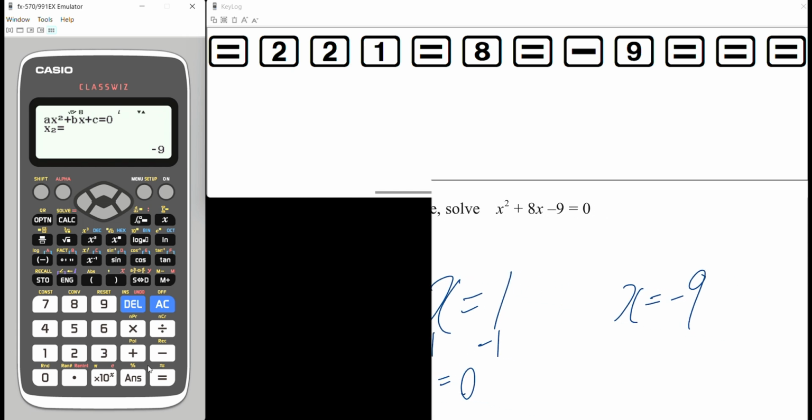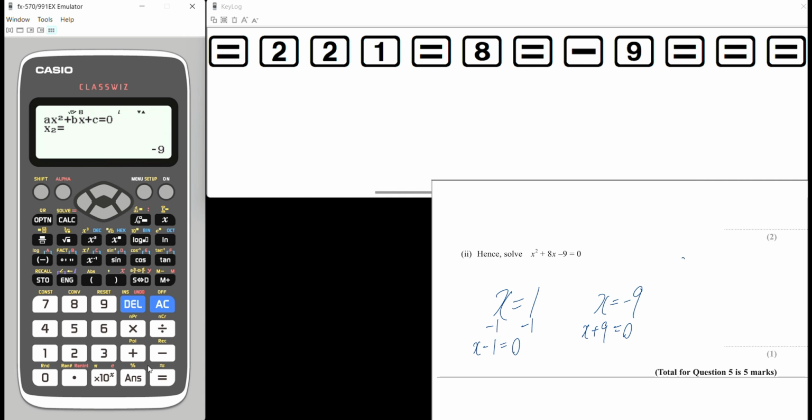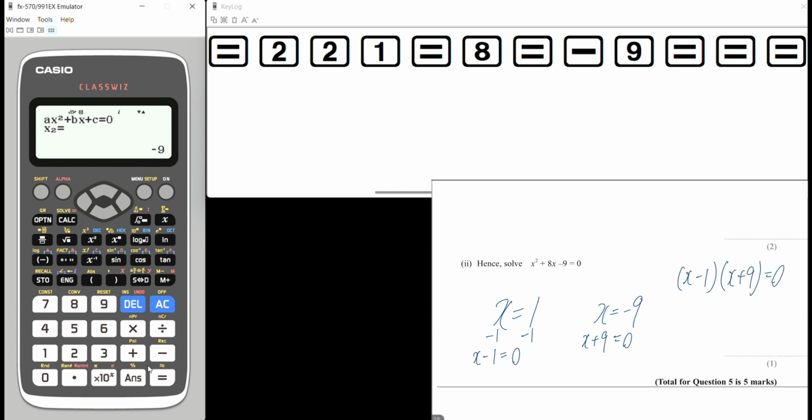On the other equation, you have to plus 9 on both sides, which is going to be x plus 9 equals 0. Since both of them equal 0, it's already factorized, so you just have to make them into brackets. X minus 1 becomes one bracket, x plus 9 becomes another bracket. So that successfully factorizes it.